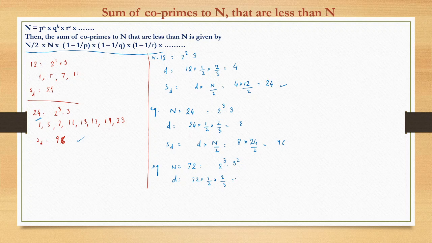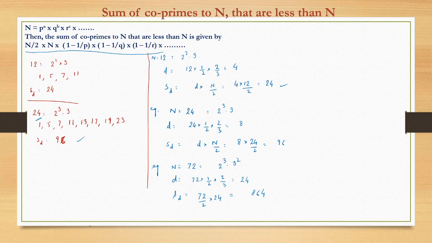So this gives you 24, and summation of those numbers would be what? 72 by 2 into 24, right? So 36 into 24 is 864. So this is the summation of all such numbers which are co-prime.